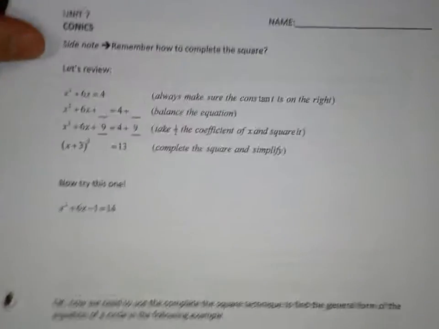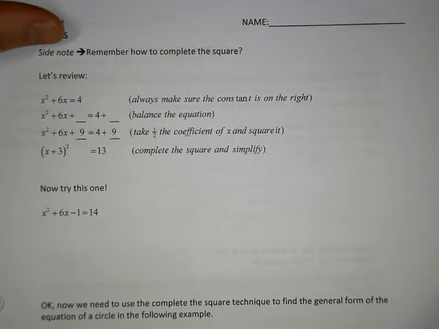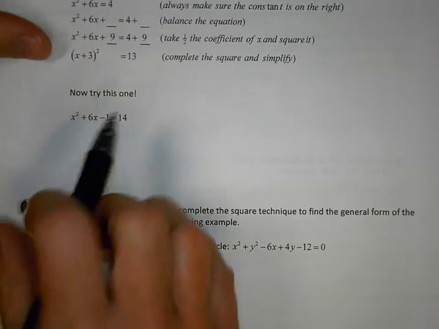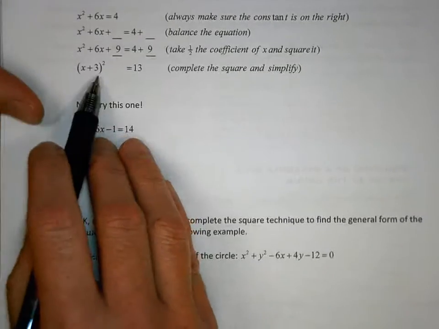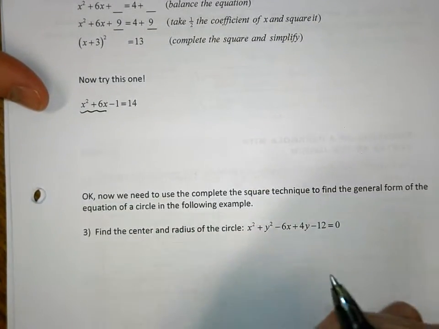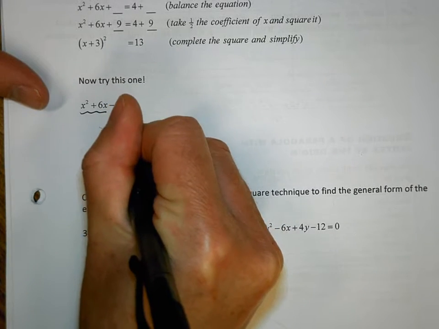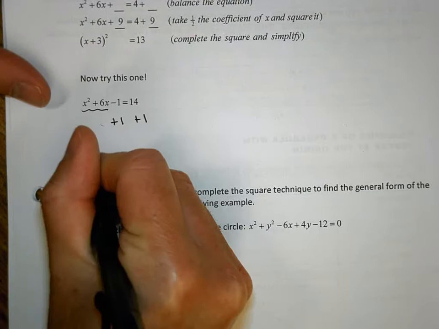If you flip, there's a little review of completing the square that we also work on in AP Stat. So we're going to practice this one here. Our goal is to put this little trinomial part into a binomial squared. Now this minus 1 isn't helping us out, so our first step is to add 1 to both sides.